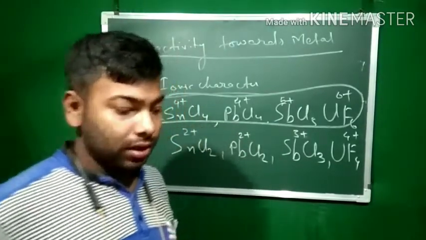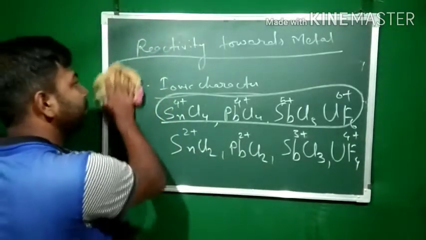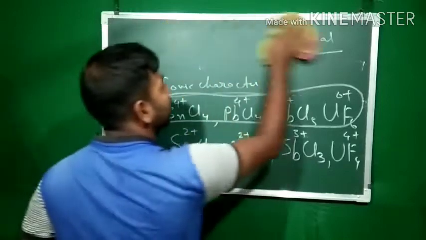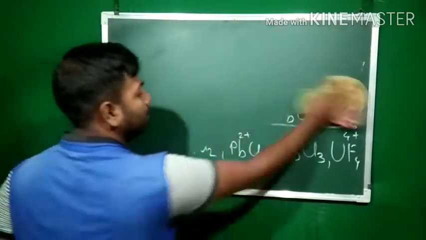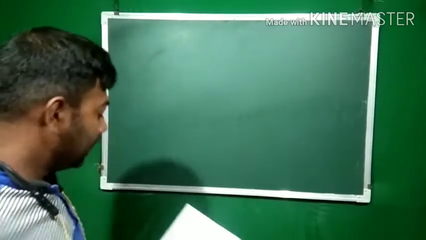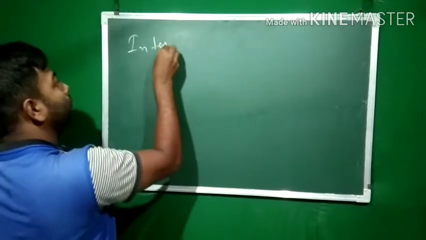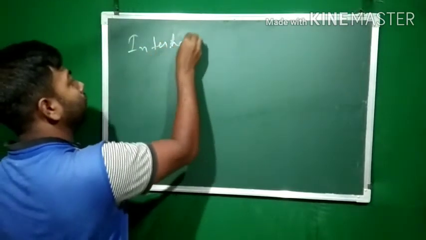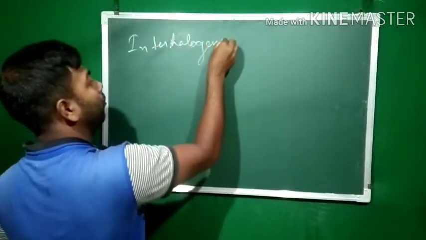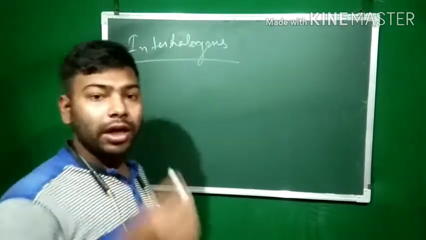Okay, now see the next point. The next point is the interhalogen compounds. Interhalogens means compounds formed between halogen atoms.